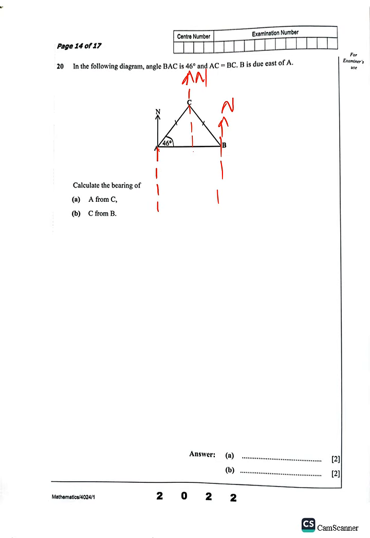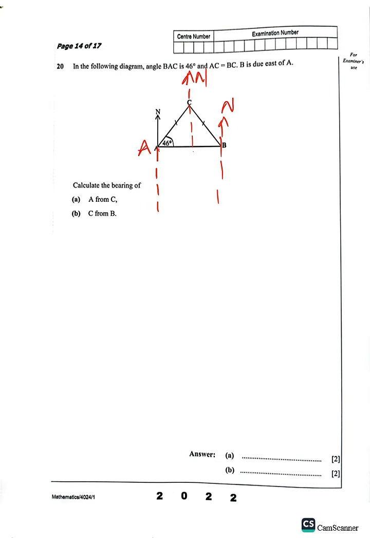Okay, now let's look at the first question. The first question is calculate the bearing of A from C. A from C. So let's look at the line AC.